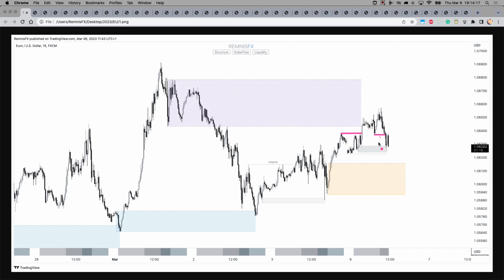But in this case, as you can see, everyone who had entered here from this order block got triggered, and price gave a reaction, because that's to manipulate even more buyers. But again, to me, I personally would have waited until this here.